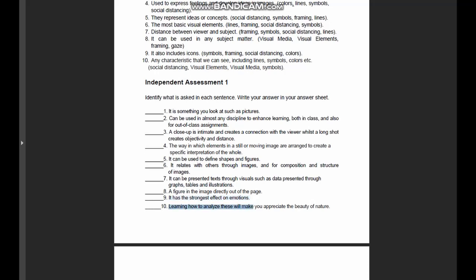Last, number 10, learning how to analyze this will make you appreciate the beauty of nature. Write your answers in your answer sheet.